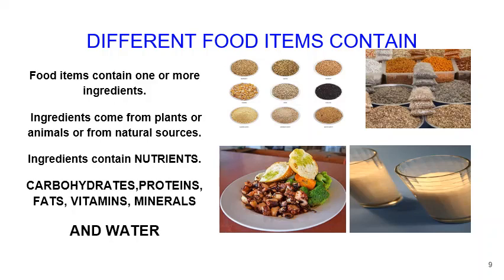Carbohydrates, proteins, fats, vitamins, and minerals are mostly present in any food grain or in any plant material, etc. And water is added as an ingredient of the food or an important nutrient. Water we take from outside. Most plant material may contain water. Take an example, if you eat banana or if you eat cucumber, you get plenty of water.